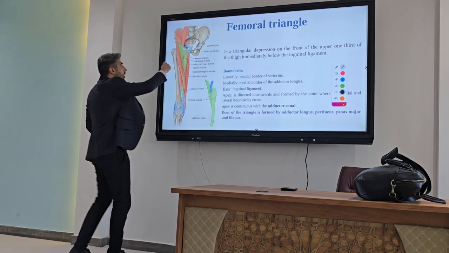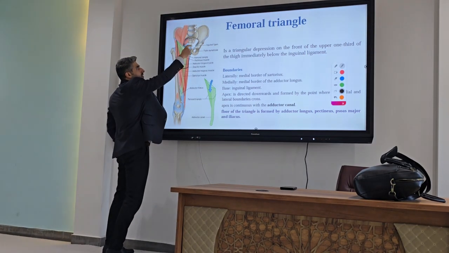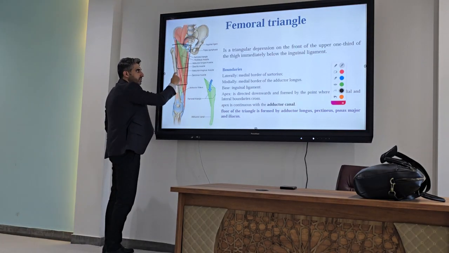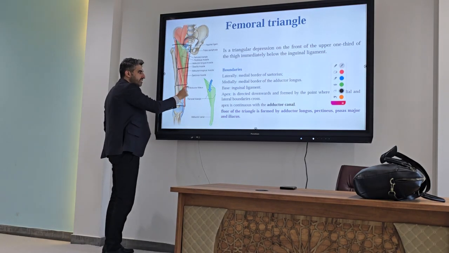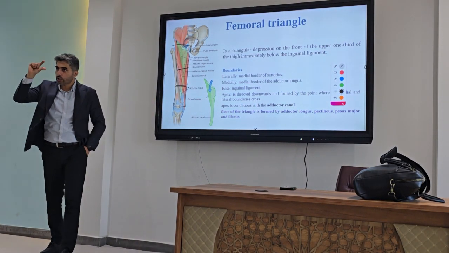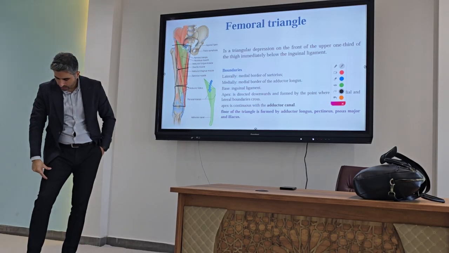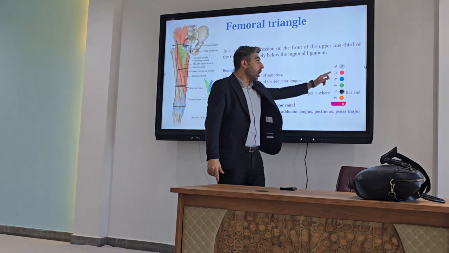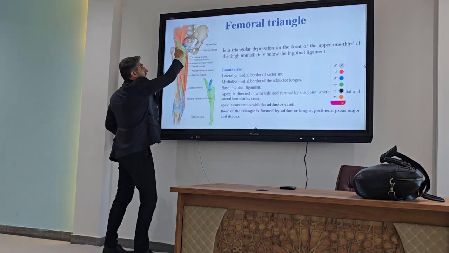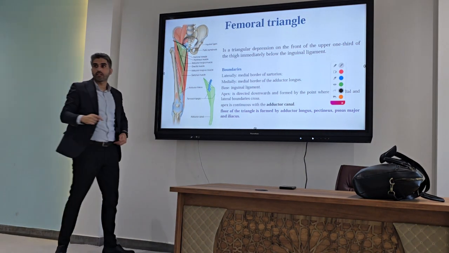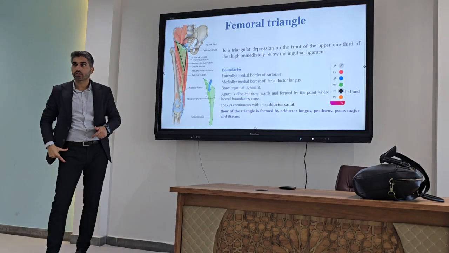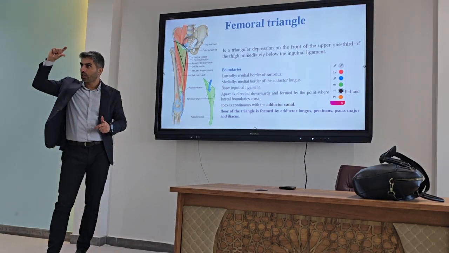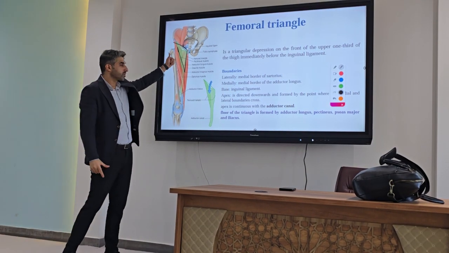So upper 1/3 is here, middle 1/3 is here, lower 1/3 is here. In each part you have one structure, one shape. In the upper 1/3 you have a triangle. So the triangle is here, in the upper 1/3 of the thigh.